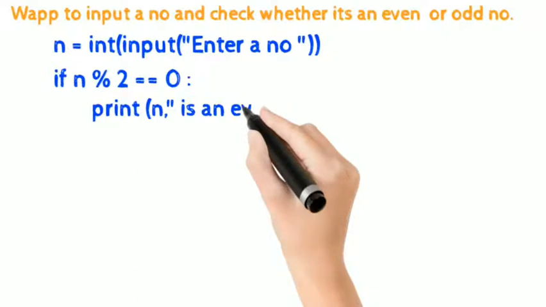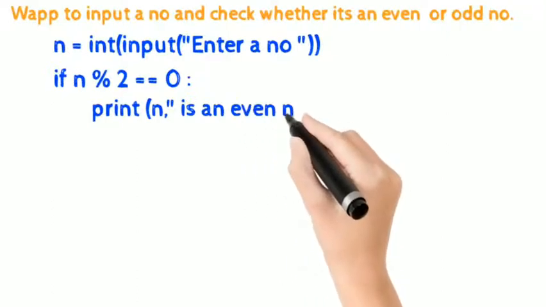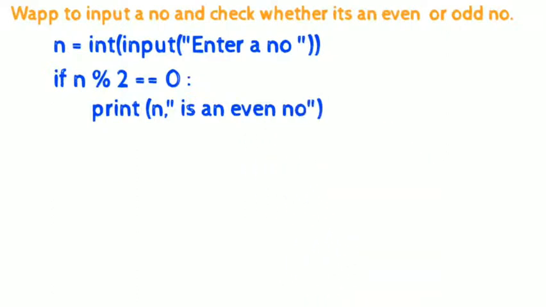Thereafter print n comma is an even number. So it will print the number as well as is an even number.